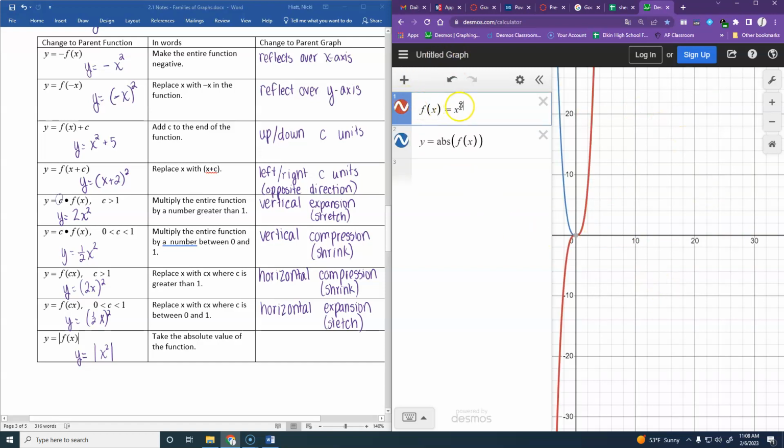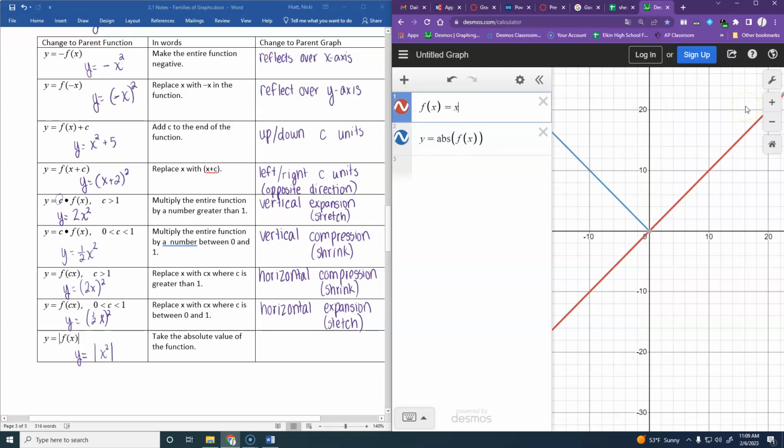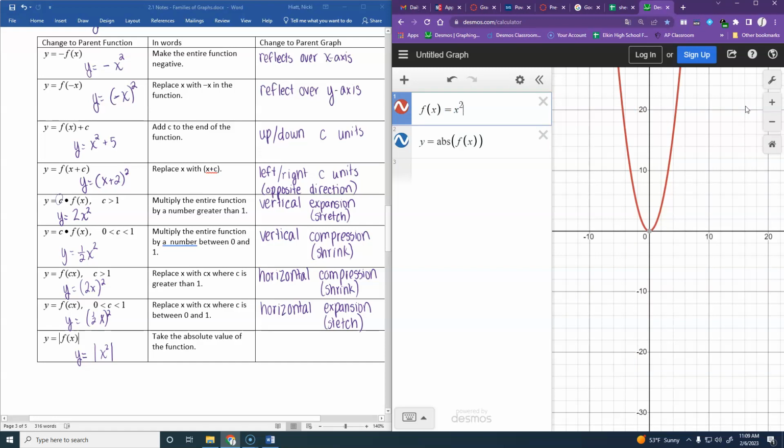So here is x to the third, cubic. That's the original, right? That's what the cubic function looks like. That red right there. There's my original. Here's what the blue looks like. Let's do one like x to the second minus 8.